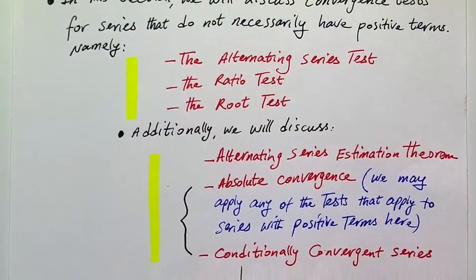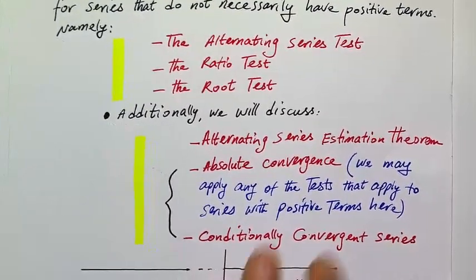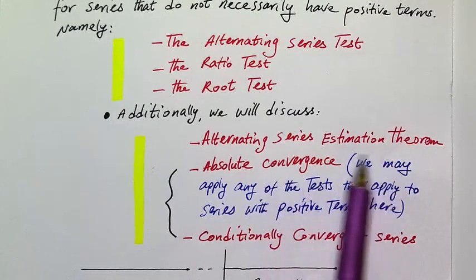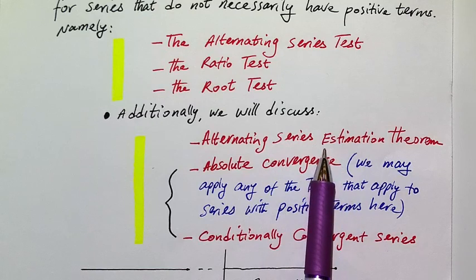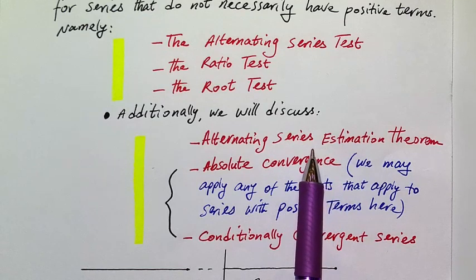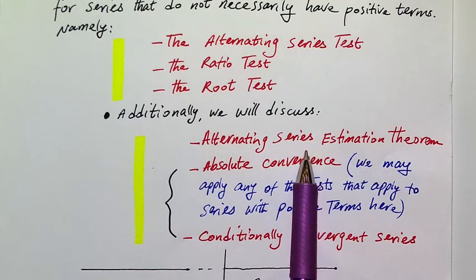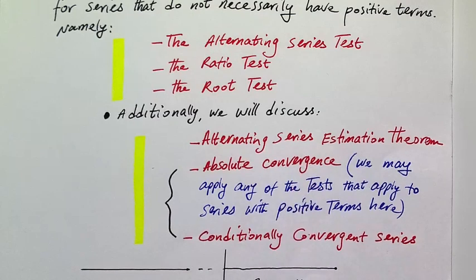We will also talk about the alternating series estimation theorem. This theorem tells us how many terms in an alternating series we need to add in order to meet a certain accuracy for the series. Remember, a series is just the sum of the terms in a sequence.